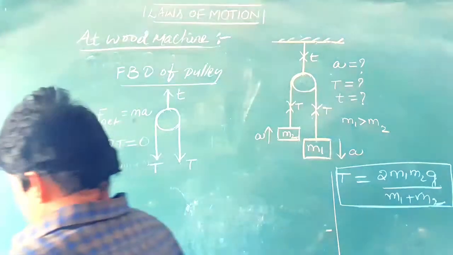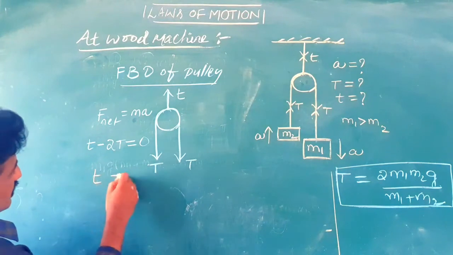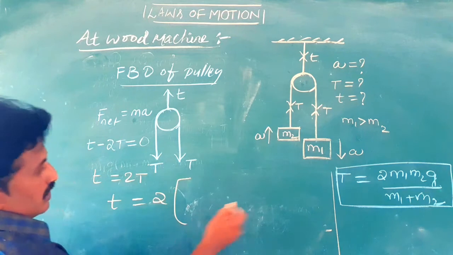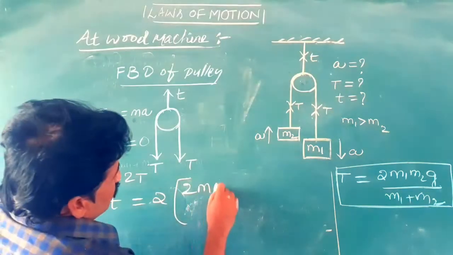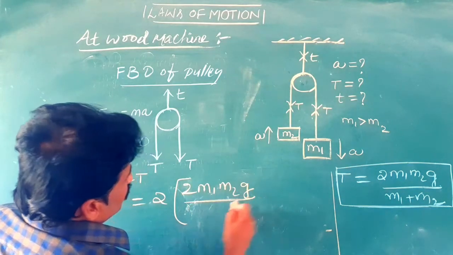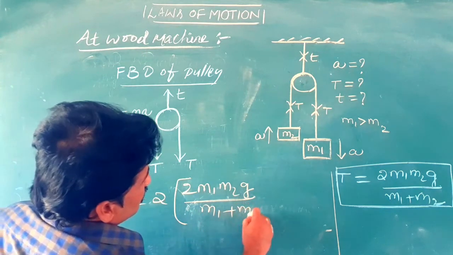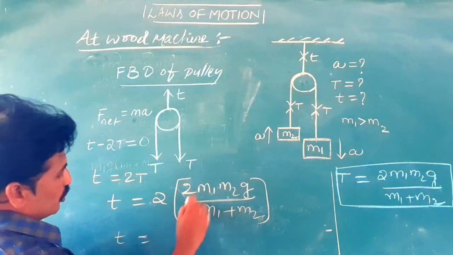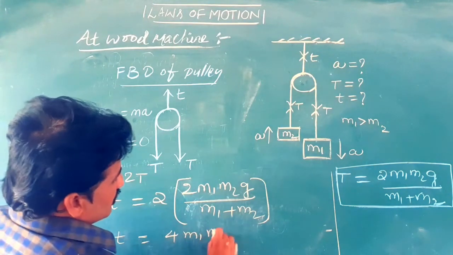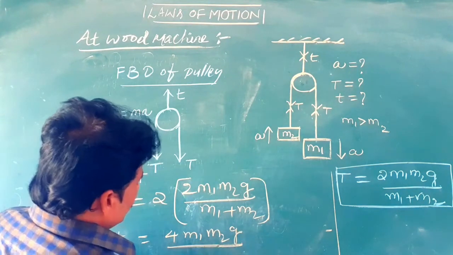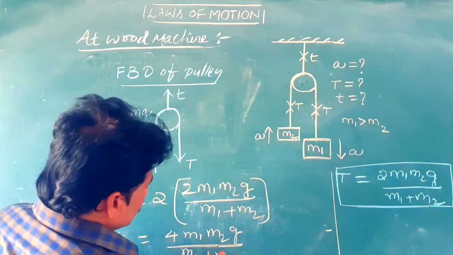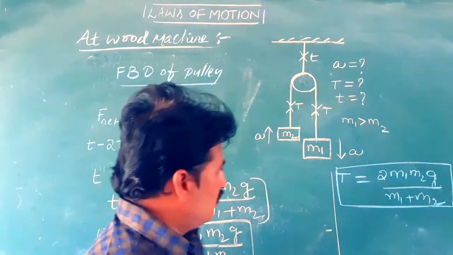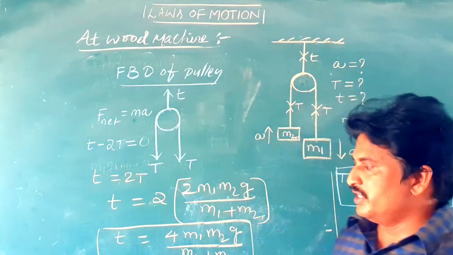Finally we get small t is equal to 2 into capital T. Already found that T is 2 m1 m2 g by m1 plus m2. And finally small t is equal to 2 into 2, 4 m1 m2 g by m1 plus m2 students. So these are the values which we found here.